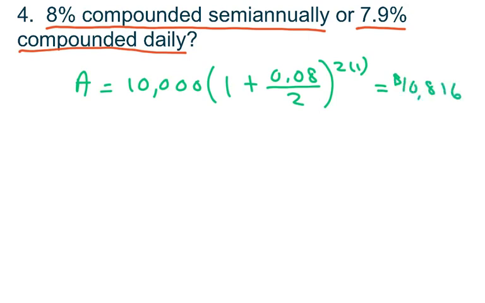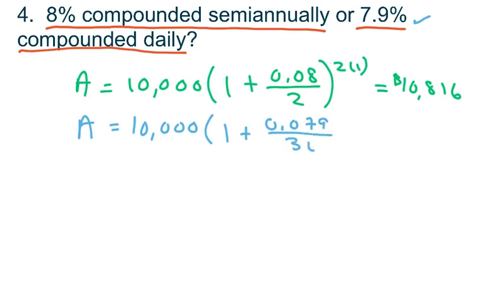And the second one, A equals 10,000 times 1 plus 0.079 over 365 times 365, and that gives us 10,821.95. So this one's a little bit higher, and that one wins.